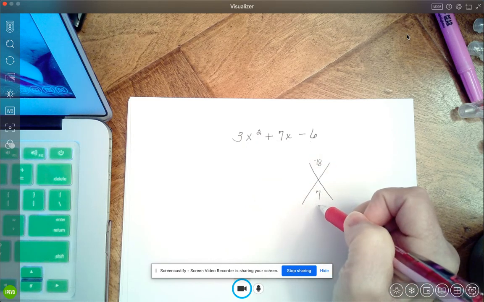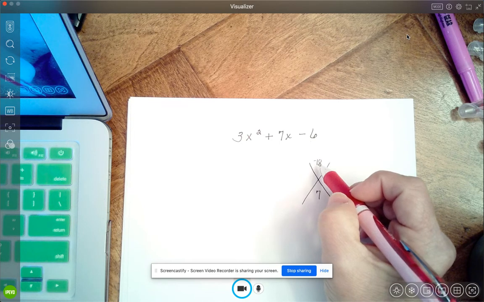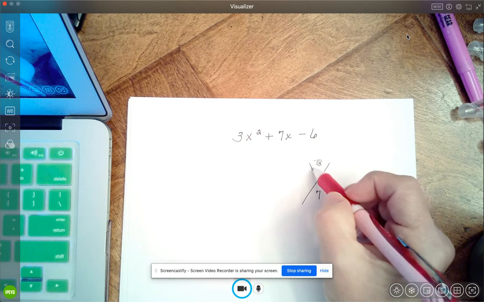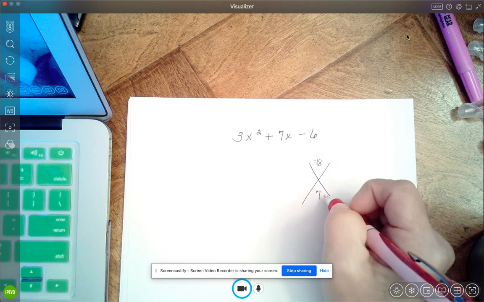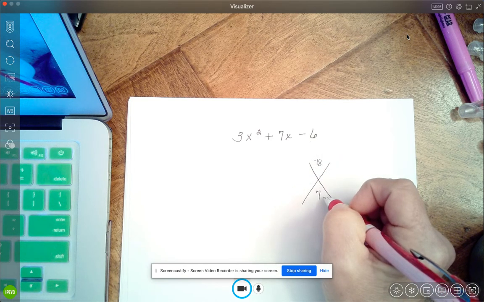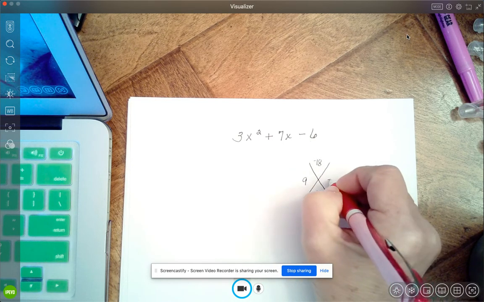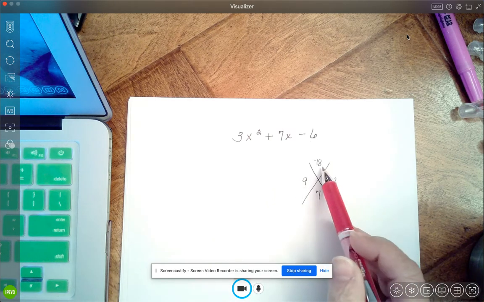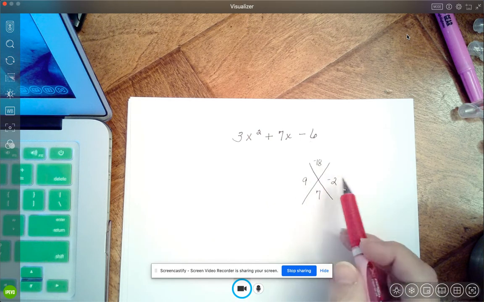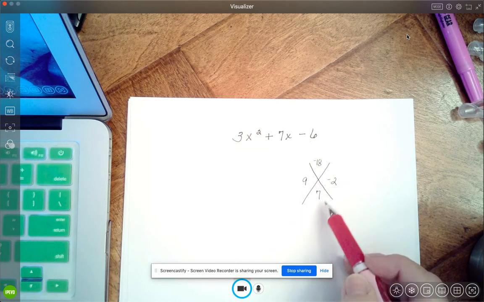I need to find two numbers that are going to multiply to get negative 18, and those two numbers will add to get a positive 7. And I know that that is 9 times negative 2. 9 times negative 2 is negative 18. And if I combine a positive 9 and a negative 2, I have 7.